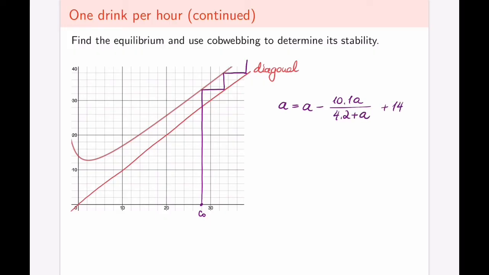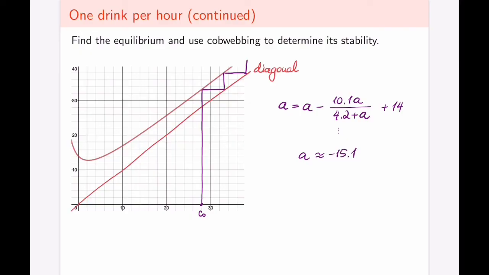So setting this to be equal from the present state to the next state, we can solve, and what we find in this case is A is approximately minus 15.1. And that's the only solution.